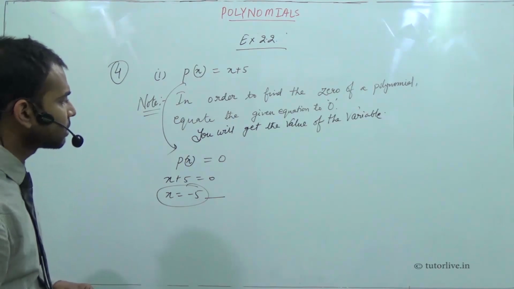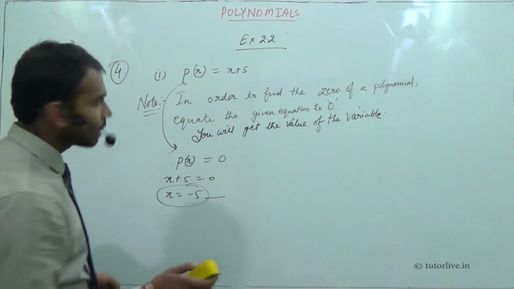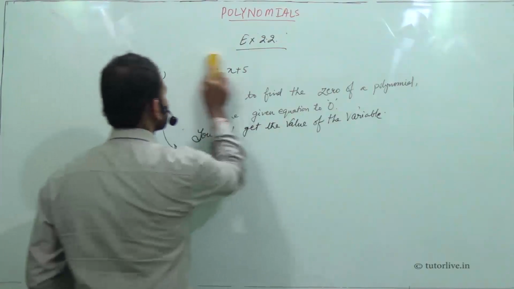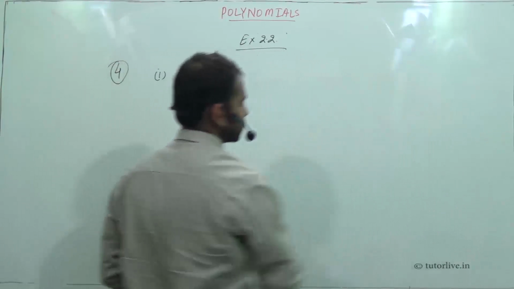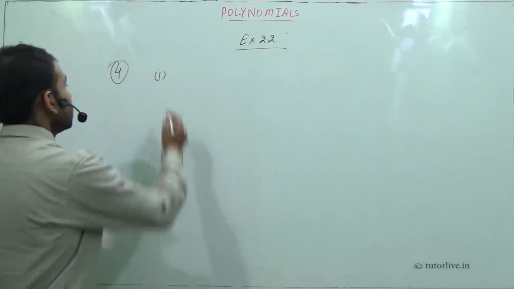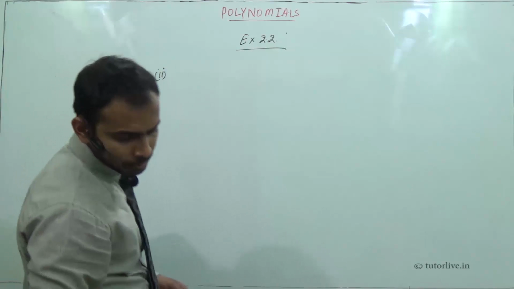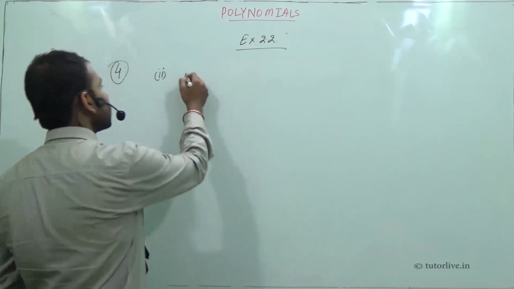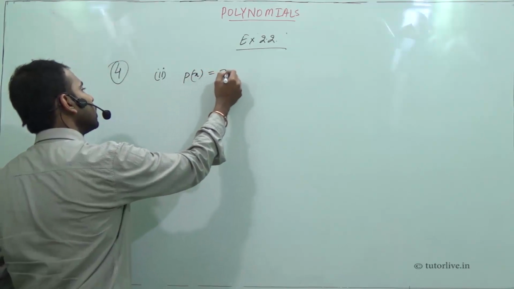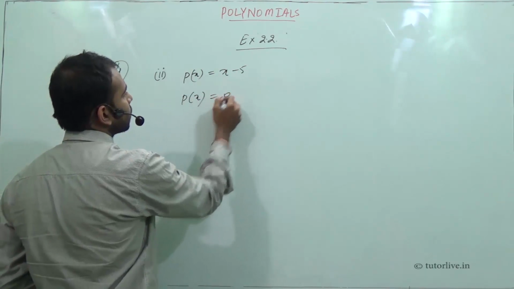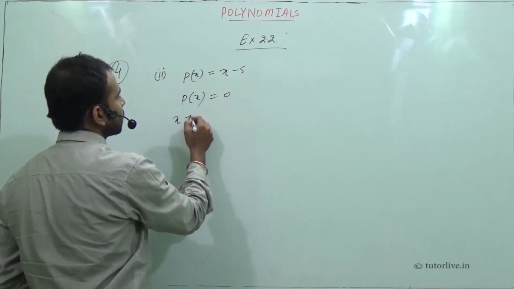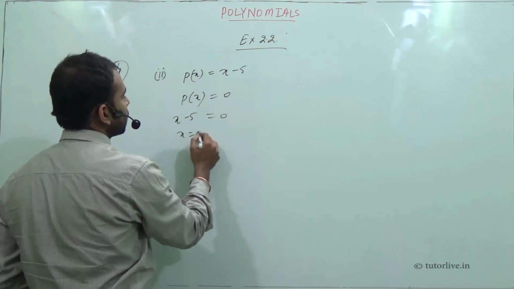Okay kids, that's easy. Moving on to the second part. p(x) is equal to x minus 5. Equate this to 0, we will be moving on stepwise. p(x) is equal to 0, x minus 5 is equal to 0, x is equal to 5.